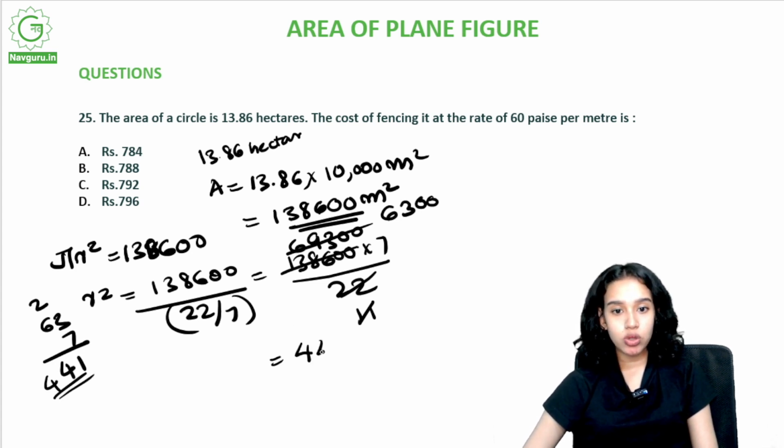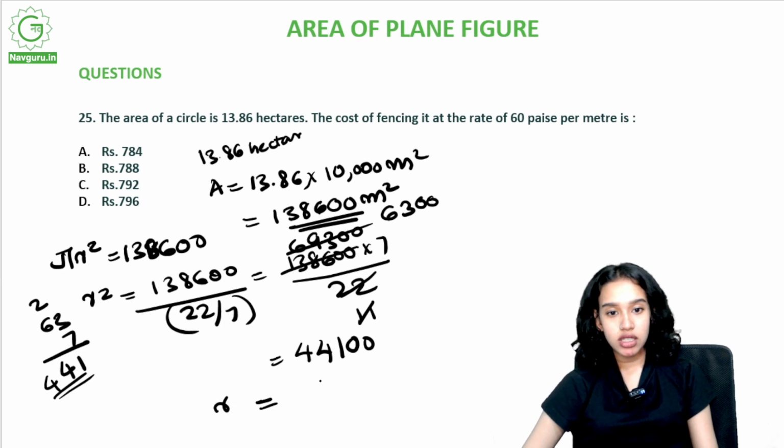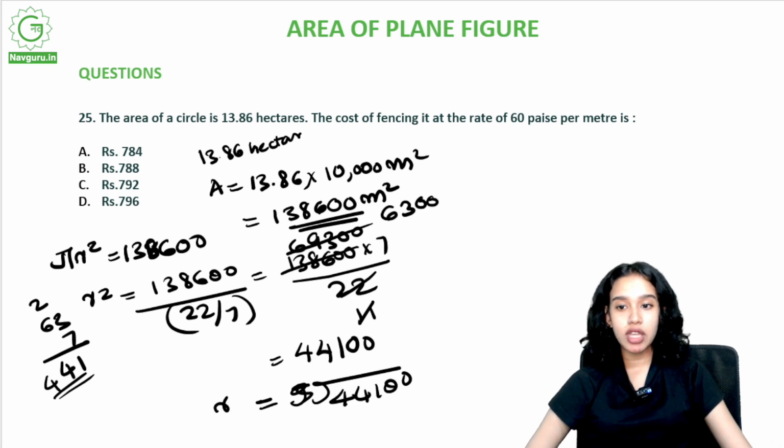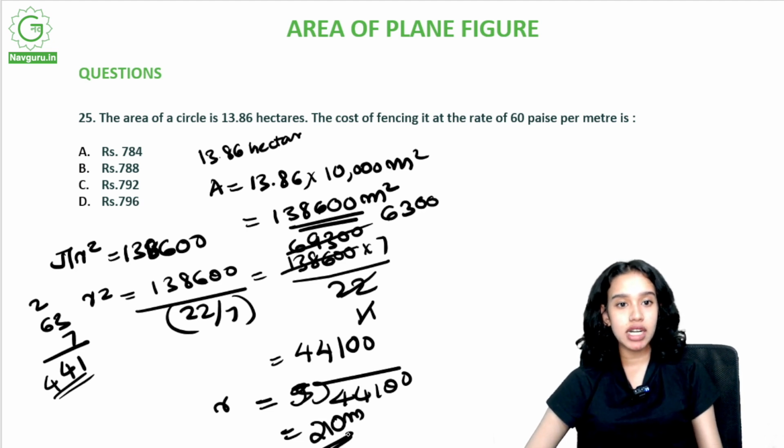So 44100. This is r square. So r is equal to root of 44100. Root of 44,100 would be equal to 210. So radius is equal to 210 meter.